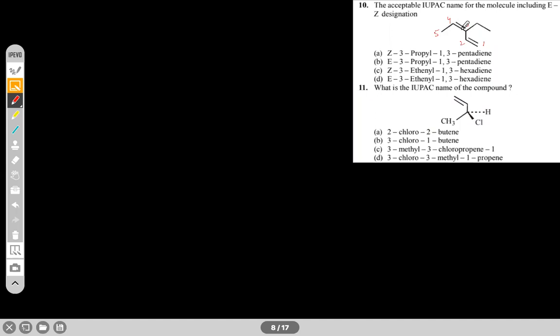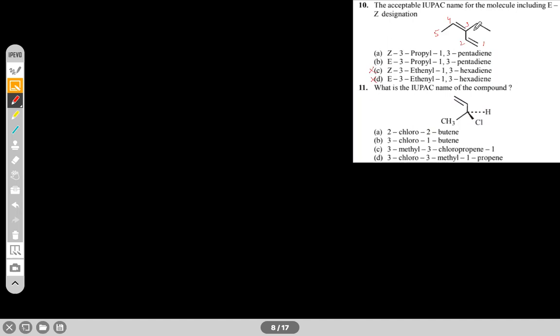It won't be hex here. 1, 2, 3, 4, 5. Yeah, 5 carbon atoms, so it won't be hex. So C and D we can eliminate easily, right? And at third position, we have ethyl group present.